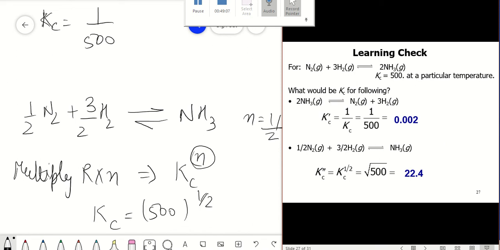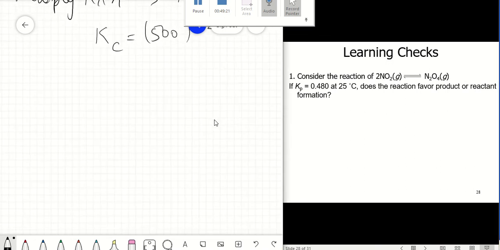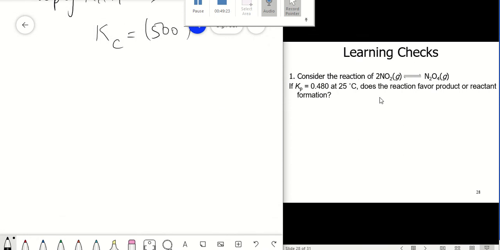Okay. Now let's move on to one more example. Consider this reaction: 2NO2 gas changes to N2O4, and Kp is 0.480 at 25 degrees Celsius. Does the reaction favor product or reactant formation?